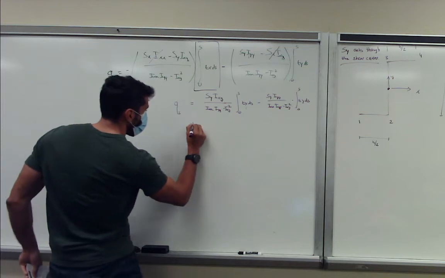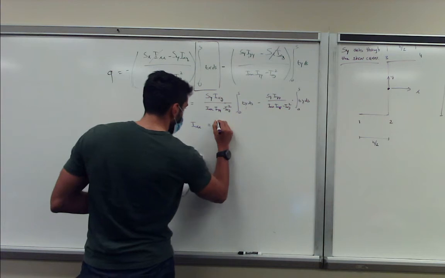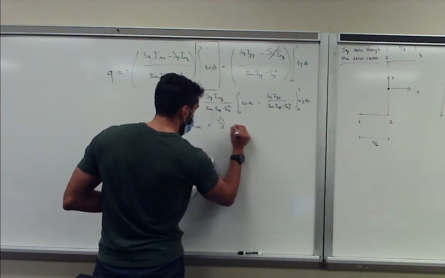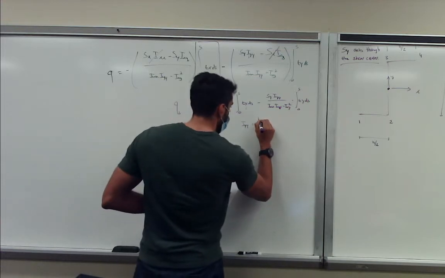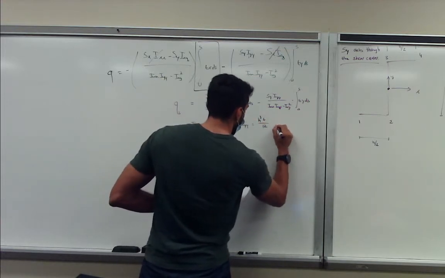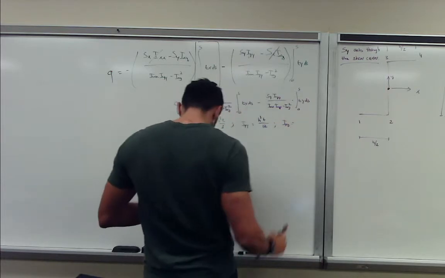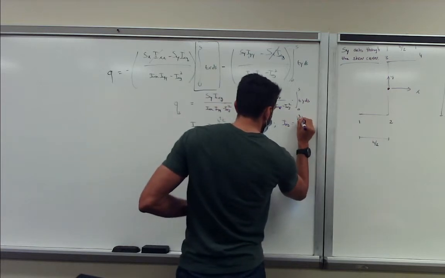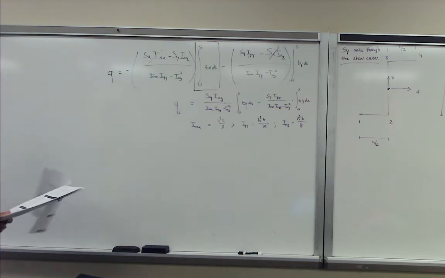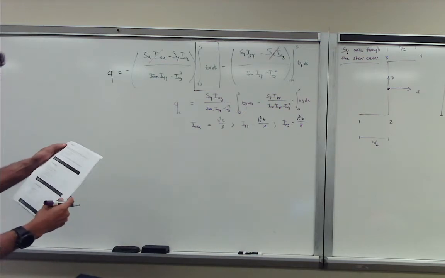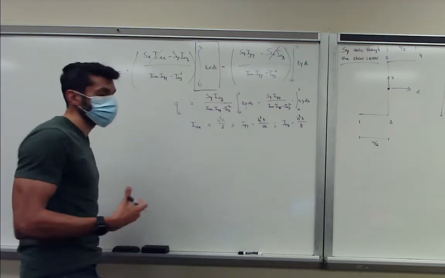The moments of inertia are relatively straightforward, and I will give them as: Ixx is h cubed t over 3, Iyy is h cubed t over 12, and Ixy is h cubed t over 8. So we can plug this into this equation, and we can simplify it a bit.